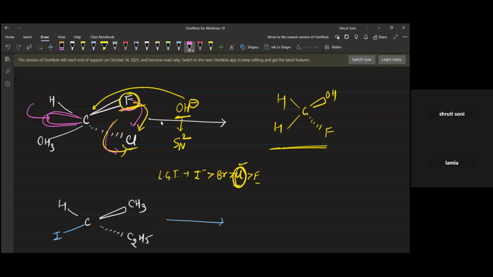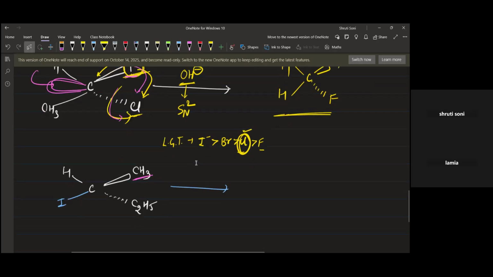Okay, but if you need, you can directly solve from this one. Let's suppose I am having a leaving group on the wedge direction. How will you directly tackle the questions?